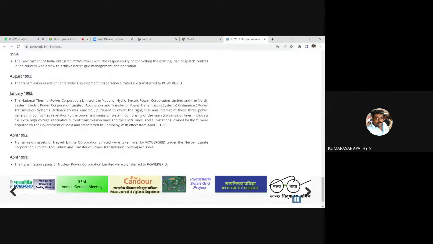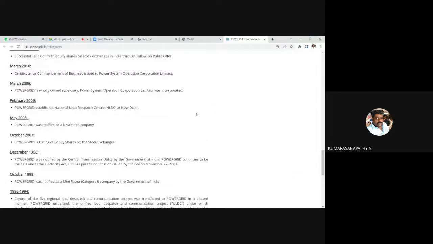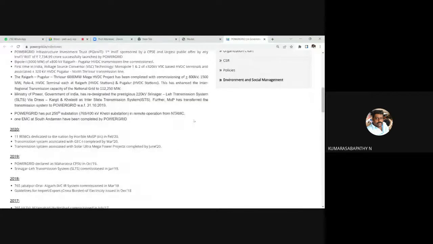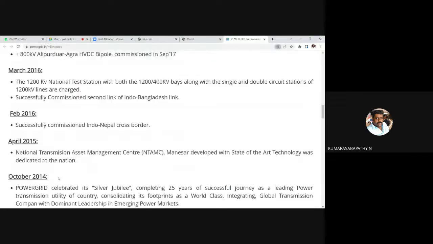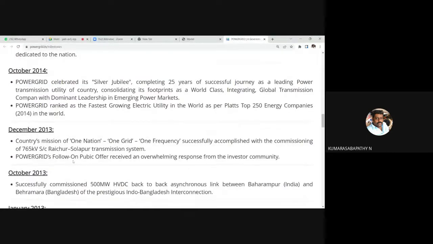In 1991, the Nuclear Power Corporation Limited was transferred to the power grid, and like that many achievements have been made.